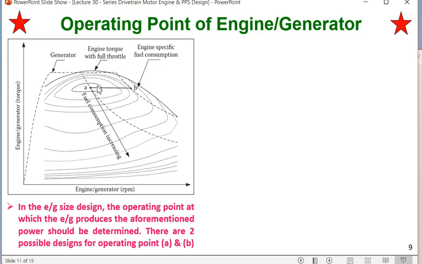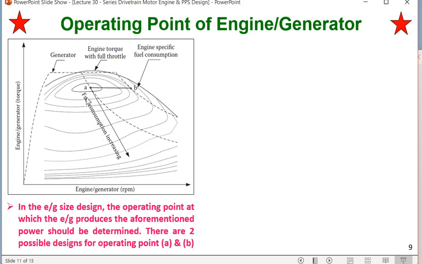In this region the output power may be more, but in this A region efficiency is the highest. That means fuel efficiency is highest in this A region. So if it is a 0 to 200 kilometer per hour maximum speed, you will be finding around 50 to 120 kilometer per hour.